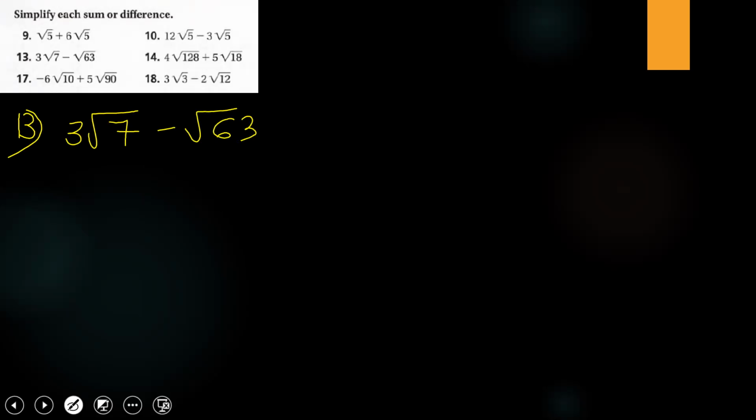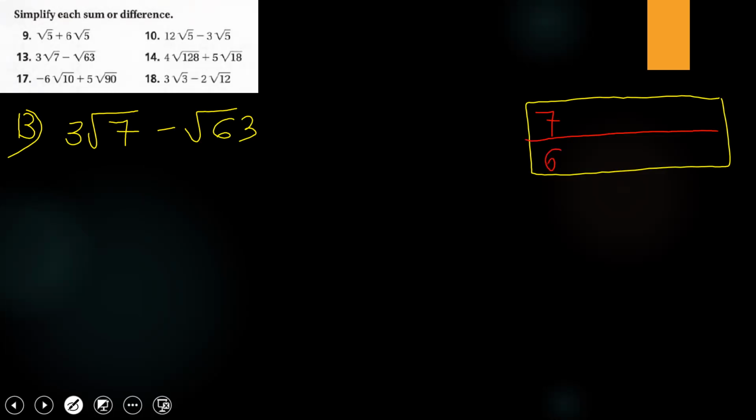So what we have to do is make the table and find the numbers that are common. What are the numbers under the square root? We have 7 and what? 63. Yes. Now what are the factors of 7? We have 7 and 1.